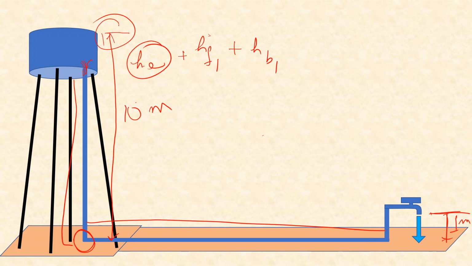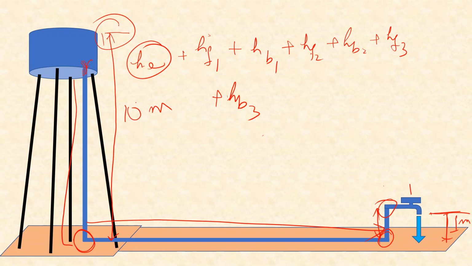Then over this length, some additional head will be lost, HF2. Again there is a bend, HB2. Then friction loss over this length of pipe, HF3, and so on. Then again here is a bend, HB3, and another length.